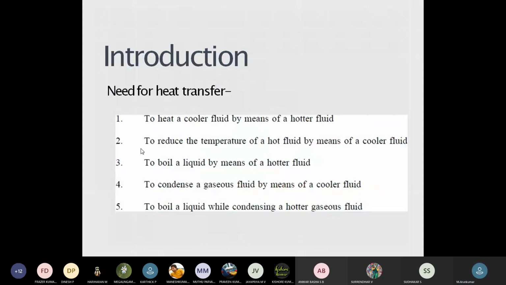Then to boil a liquid by means of a hotter fluid. Then to cool a gaseous fluid by means of a cooler fluid. Then to boil a liquid while condensing a hotter gaseous fluid. So these are the needs of heat transfer.